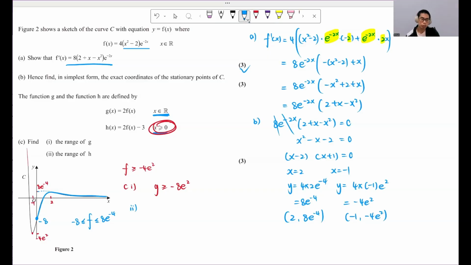And then for function h, it's 2f(x) minus 3. So h has to be more than or equal to 2 times negative 8, which is negative 16, minus 3, which is negative 19. And then the upper bound has to be 2 times 8e to the power negative 4, which is 16e to the power negative 4, and then minus 3. That will be the final answer.